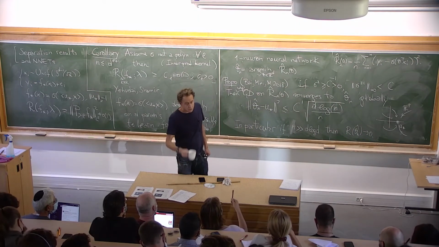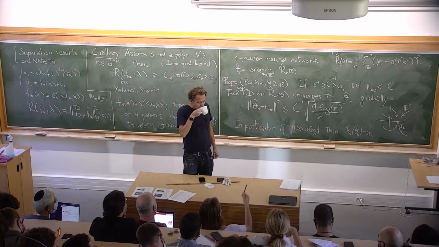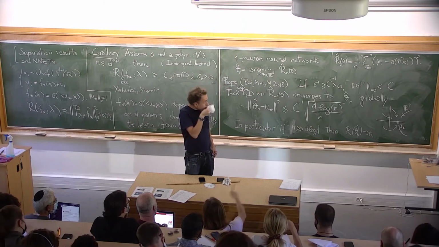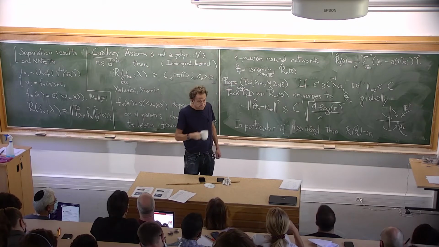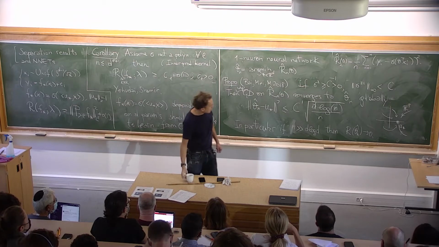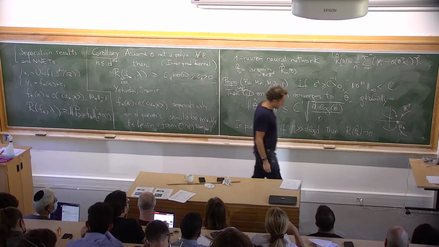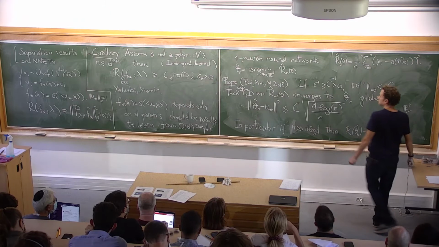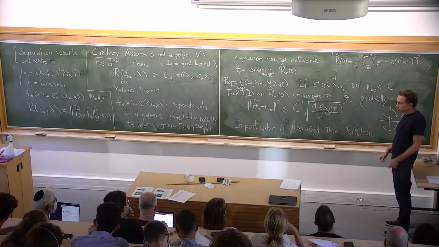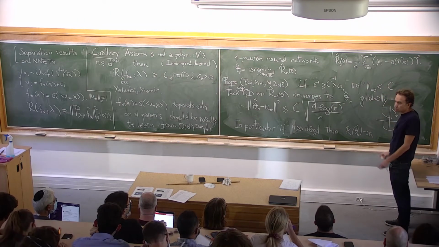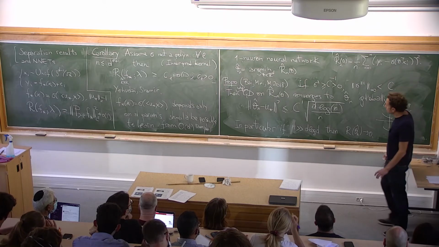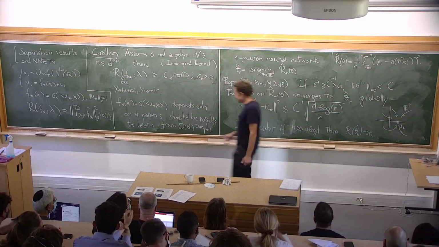A question: how sensitive is this to the fact that in the risk there you use the same sigma as in the star? Good question. I don't think it's very sensitive, but the theorem we proved it for the same sigma.